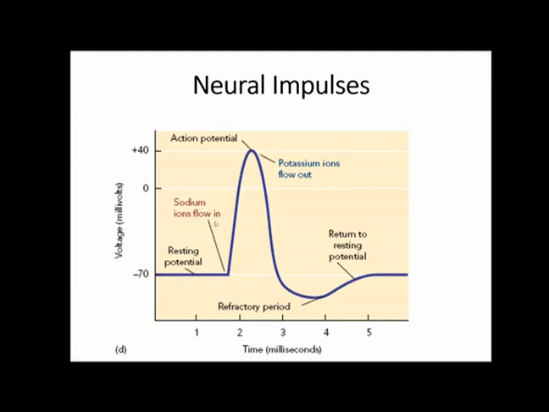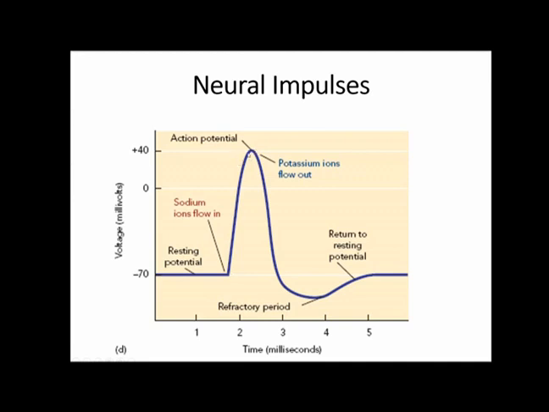And so if we're having positive charges enter the cell, and the cell was negative before that, as they come in, the charge of the cell starts to rise. So the more sodium comes in, the higher the charge gets, the more positive the charge gets. And so eventually, the sodium ions, there's enough of them inside the cell that they peak at the very top here, and the peak is called our action potential.